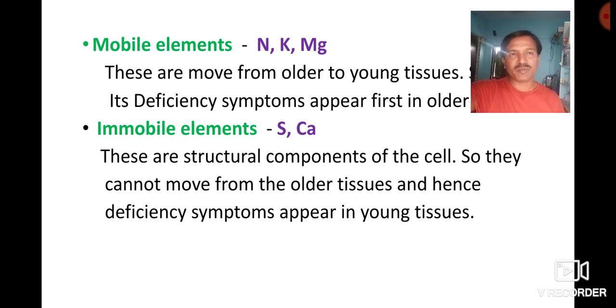And then immobile elements, sulfur and calcium, are structural components of the cell. They cannot move from older tissues, so deficiency symptoms appear in young tissues.